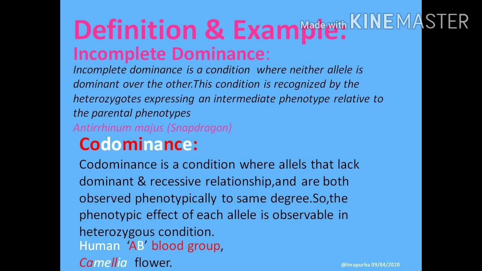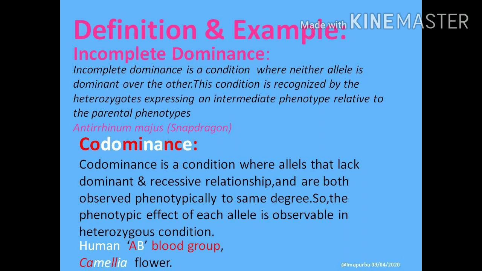Similarly, in codominance, you can see here an important line: the phenotypic effect of each allele is observable in the heterozygous condition. So here there is actually a complete lack of dominant and recessive relationship. Why? Because both alleles are phenotypically expressed to the same degree in the heterozygotes. So that's why it is codominant. A very good example of codominance is the AB blood group of humans.